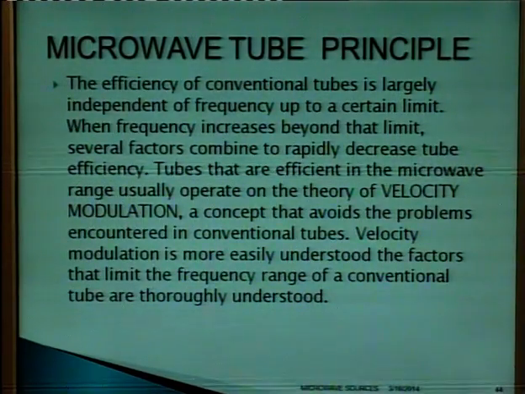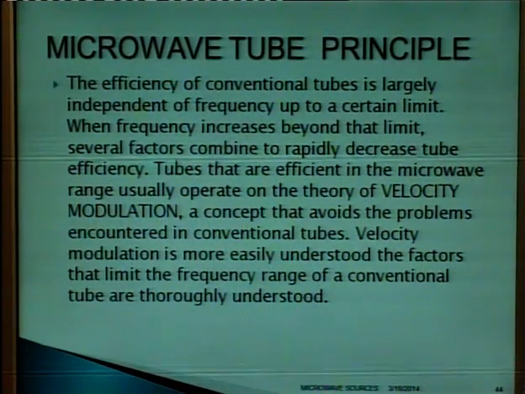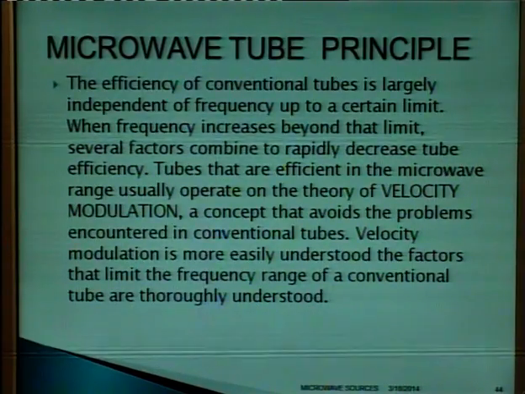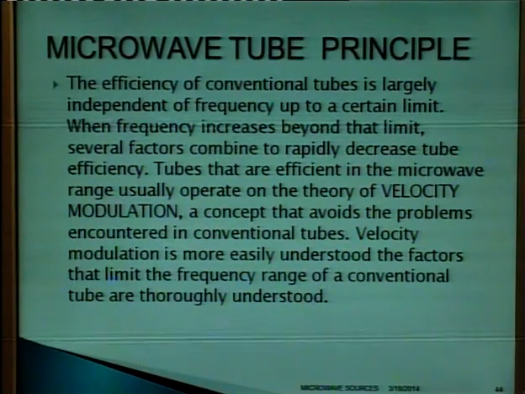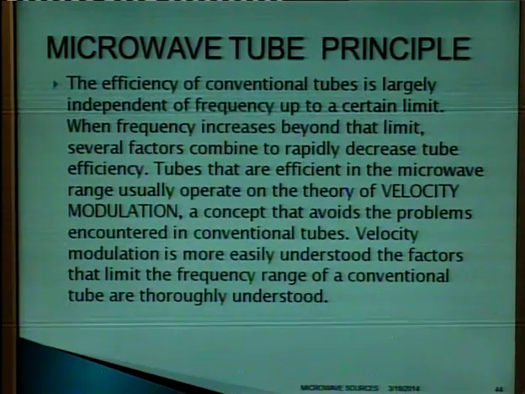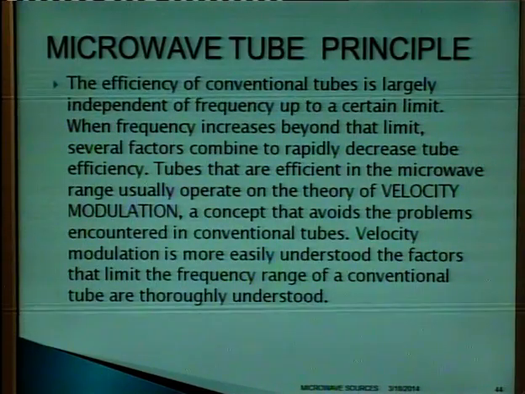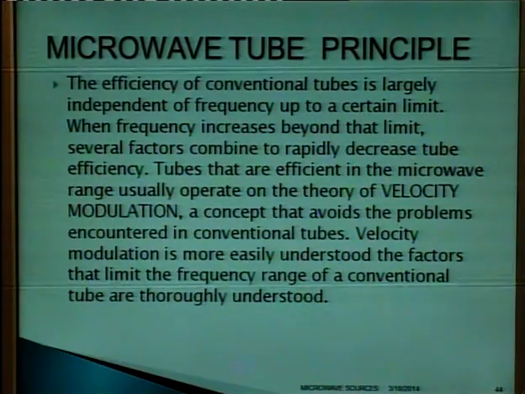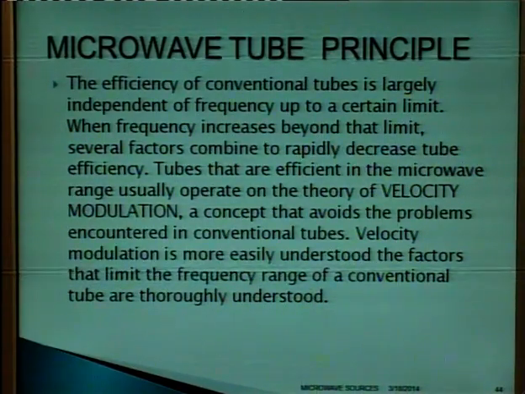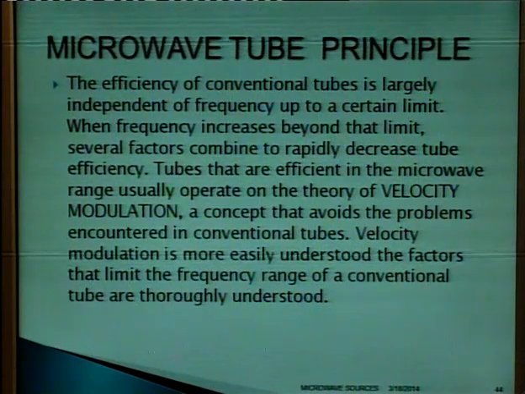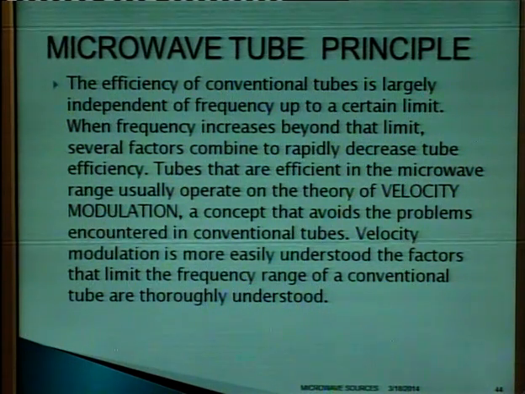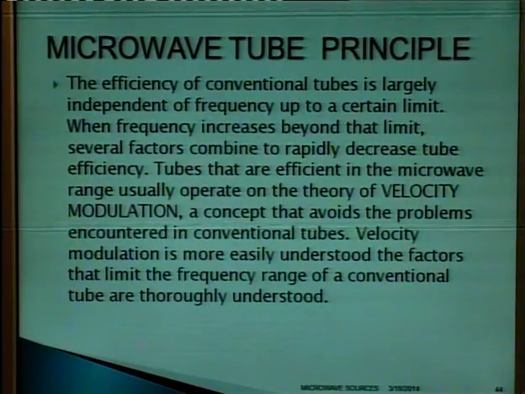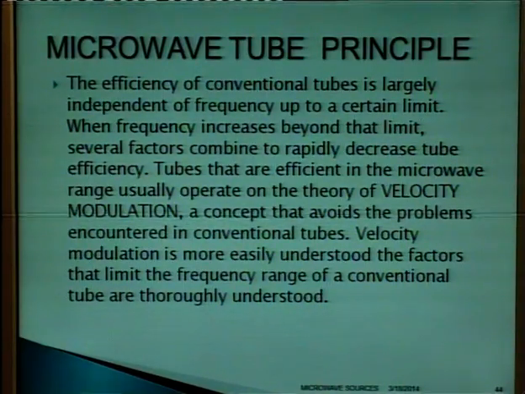Now, the microwave tubes work on the principle of velocity modulation of electrons. The efficiency of a conventional tube is largely independent of frequency up to a certain limit, but when the frequency increases beyond that limit, several factors combine and reduce the efficiency of the tube.